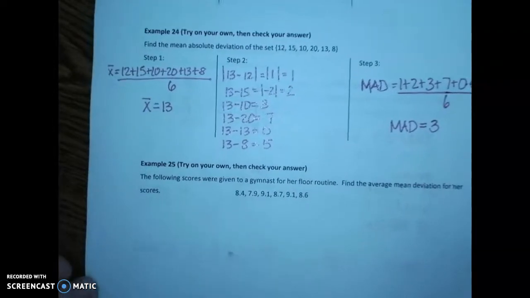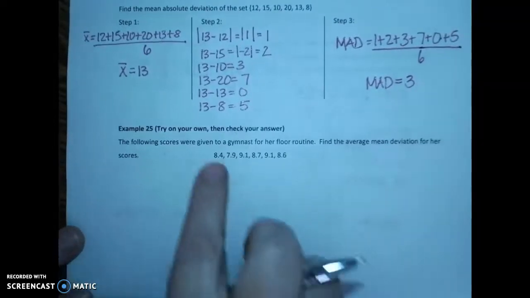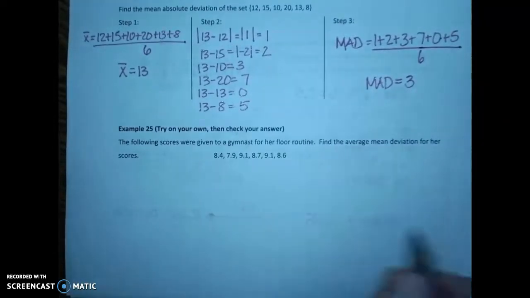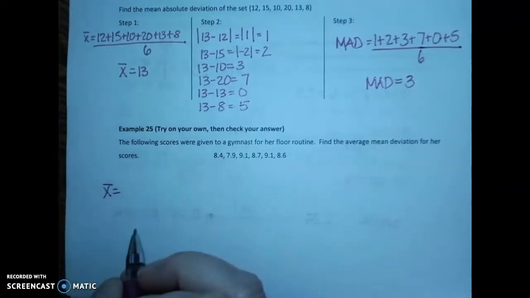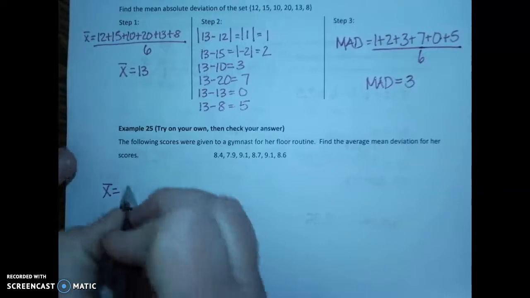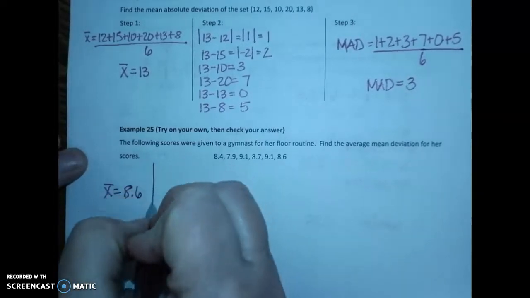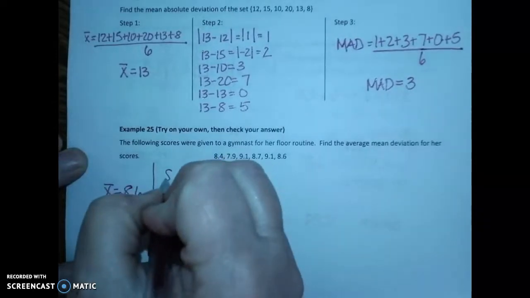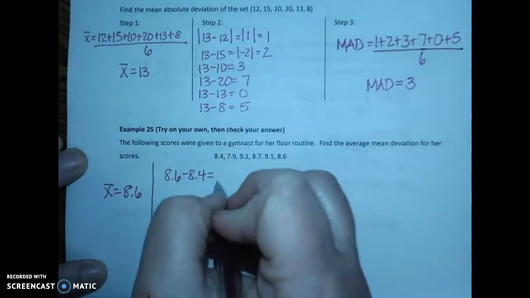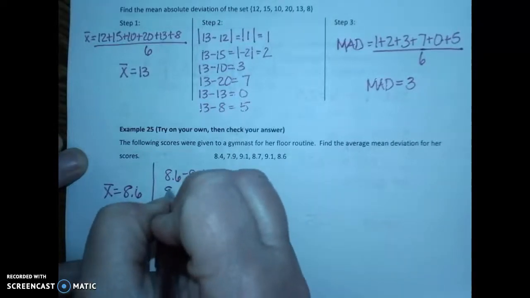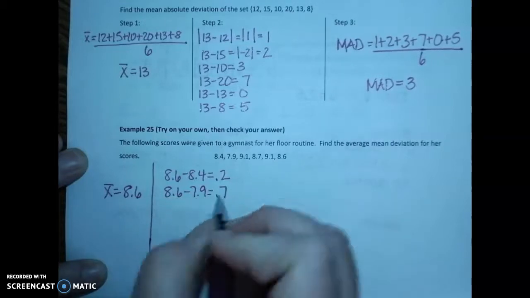So example 25, it was a little uglier. It's not as pretty, and only because there's decimals, it's not that big a deal. When I found the mean, I'm going to skip working it out because we haven't worked how to find mean up here. I got 8.6. Okay, then we're going to take 8.6 minus each of these numbers, 8.6 minus 8.4, and I got 0.2. 8.6 minus 7.9, and I got 0.7.